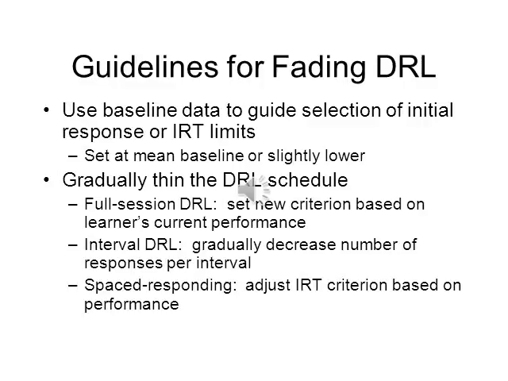We want to set the first criterion at the baseline level so people can earn reinforcers, or slightly lower. You can gradually thin the schedule by changing the criterion for full session DRL, decreasing the number of responses per interval in interval DRL, or adjusting the inter-response time for spaced responding differential reinforcement.